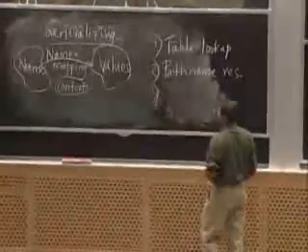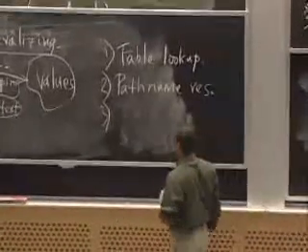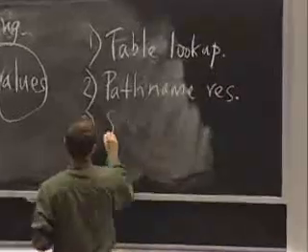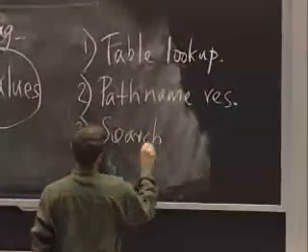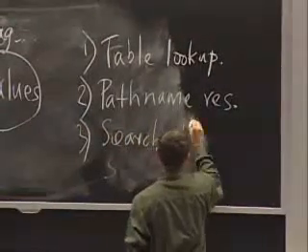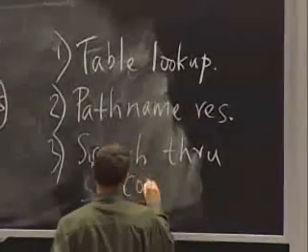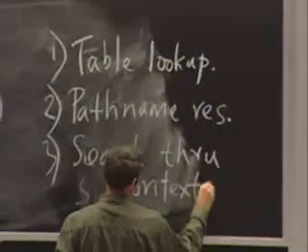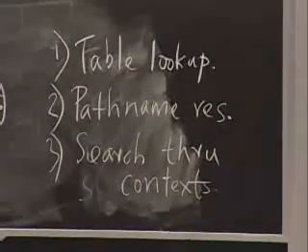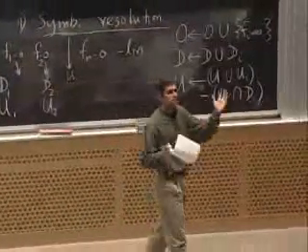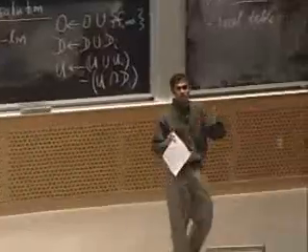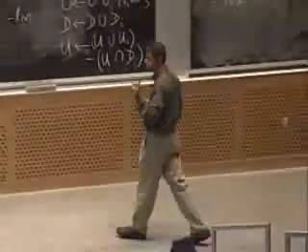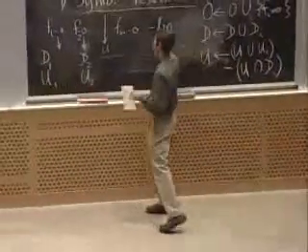And the third way of doing name resolution is what we saw today, and that's an example of searching through contexts. There's really no path here. I just tell you, here's a set of .o files, and here's a set of libraries, and the symbols that are undefined or defined in different modules of my program, or referred to in different modules of my program, are defined somewhere among these modules.